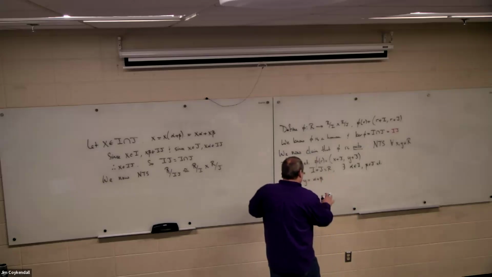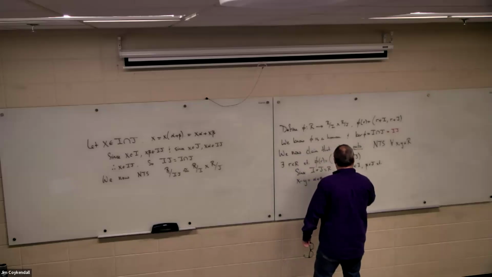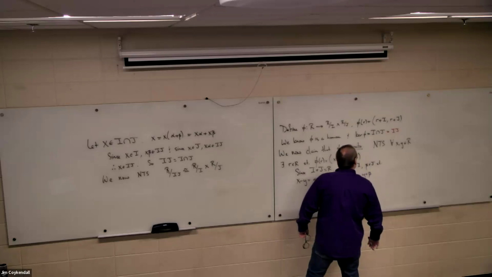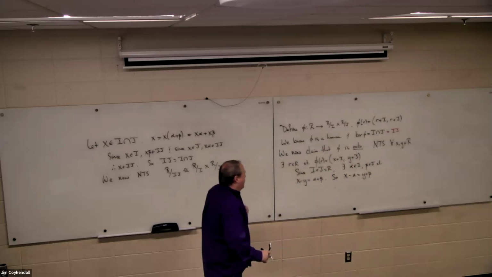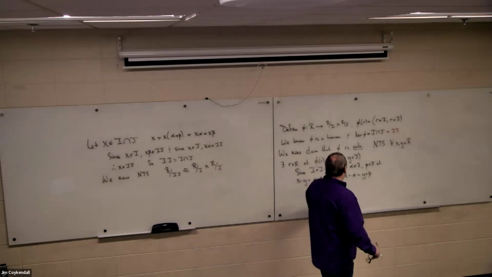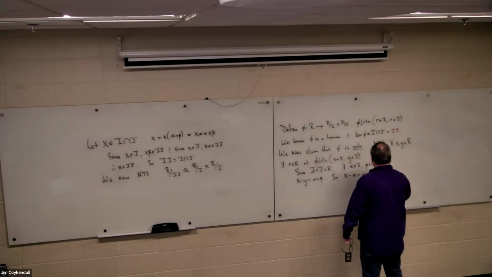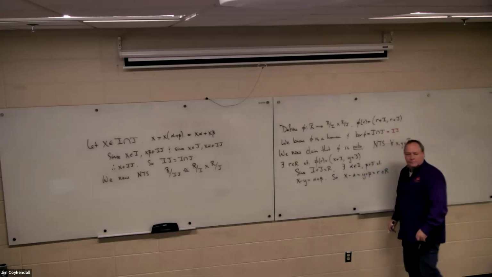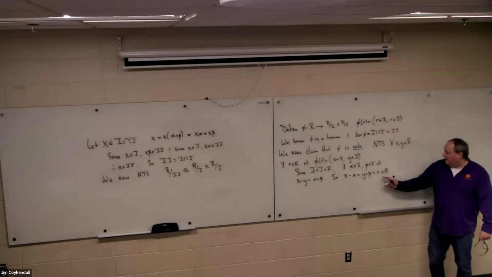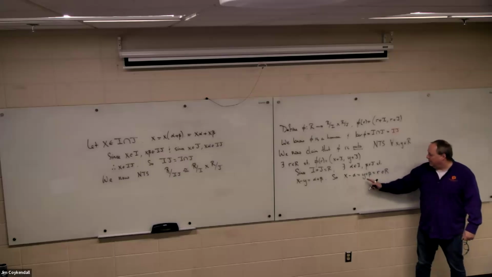Now, let me rearrange this. That's just rearranging this, and this is some element I'm going to call r, some element in R, because this equation right here says x minus alpha can be rewritten as y plus beta.